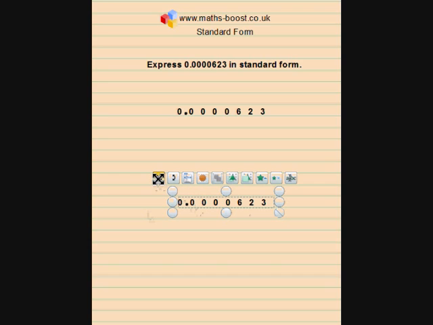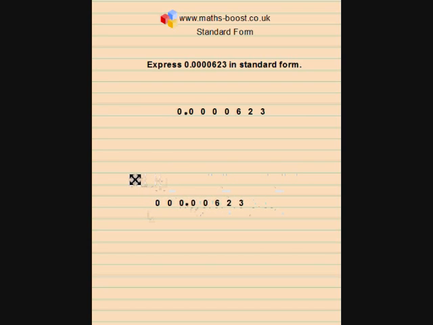So it's not a number between 1 and 10 at the moment. I'm going to move it 1 place, 2 places, 3 places, 4 places, 5 places. I've moved it to the right. Now again, this was a small number. This is a much larger number, but it's got to be the same number.